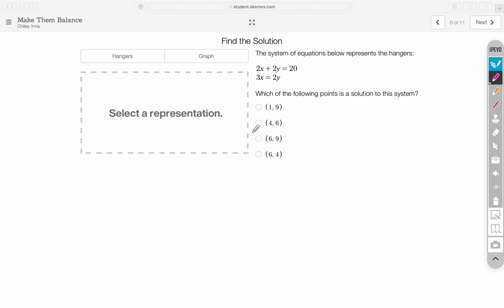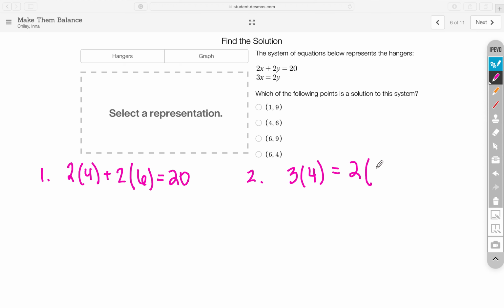The second one is 4, 6. So for the first equation, 2 times 4 plus 2 times 6 is equal to 20. And for the second one, I'm just going to write both out. 3 times 4 is equal to 2 times 6. 2 times 4 is 8, plus 12 is equal to 20. 12 plus 8 is 20.